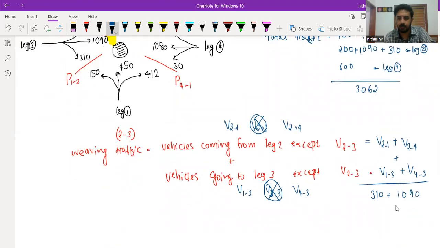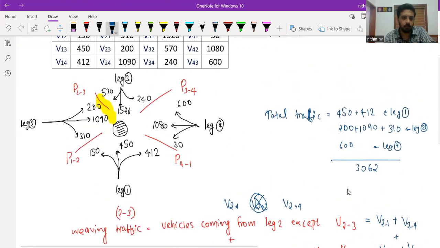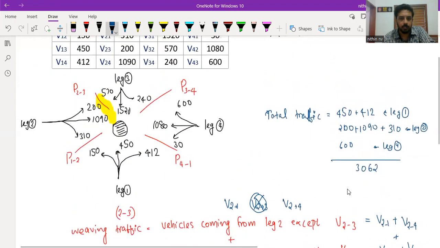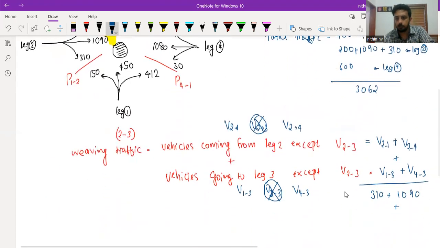I'm just writing separately for your better understanding. Then 1-3, from 1 to 3 it is 450. Then 4-3, it is 600, right? So 450 and 600 we need to add. Once we add all those, we get 2450.